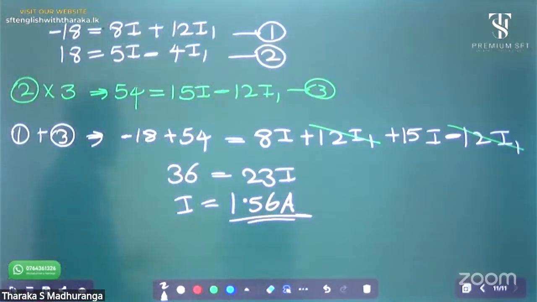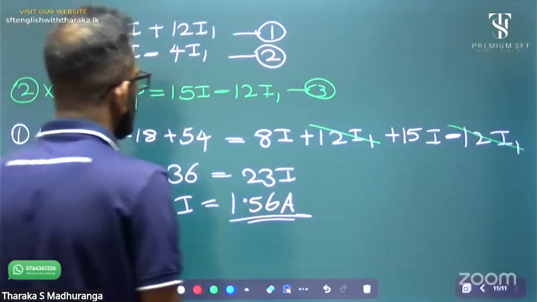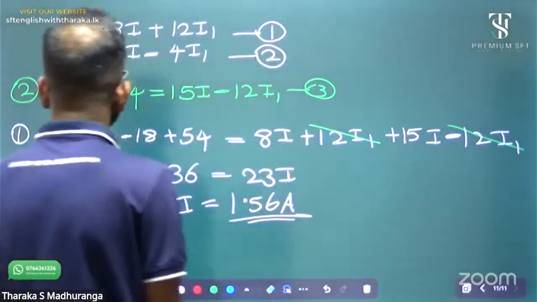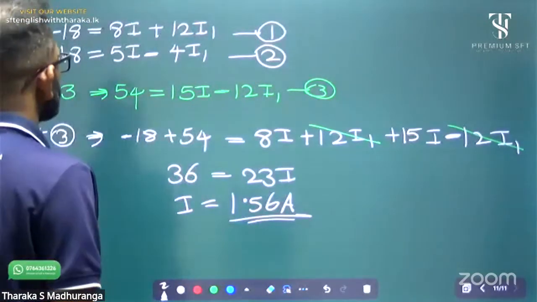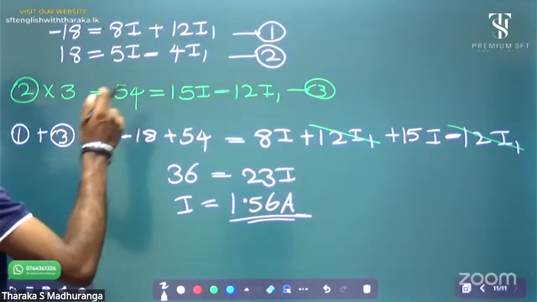Anyone got this answer? Joel? I value 1.56, good. Now I am going to substitute 1.56 into any equation. It is better to substitute in the second equation.